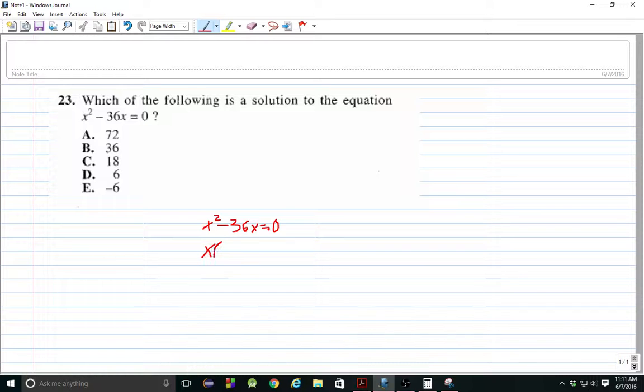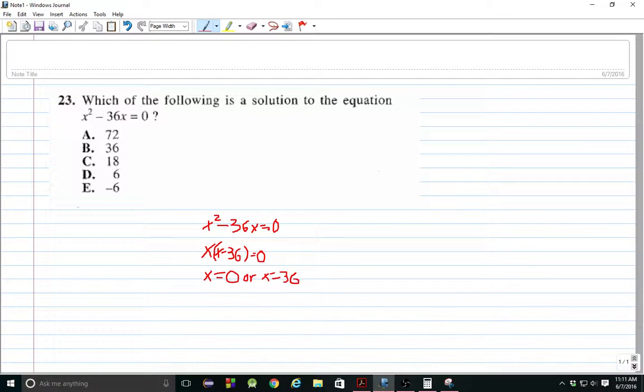x times x minus 36 equals 0. So the two solutions over here that we're given are x equals 0 or x equals 36, because x minus 36 equals 0.